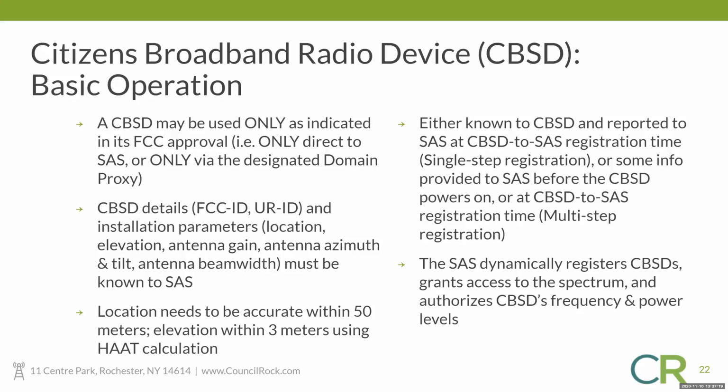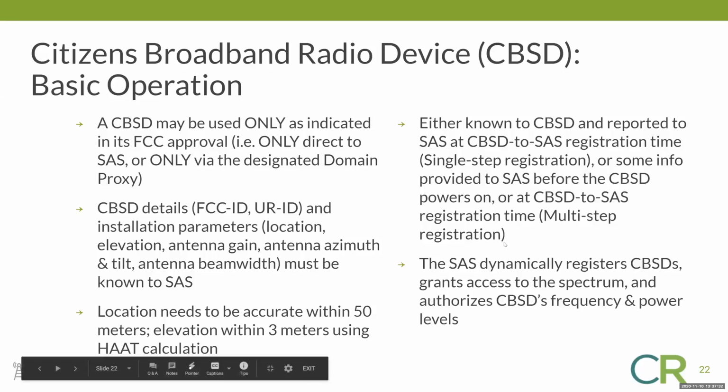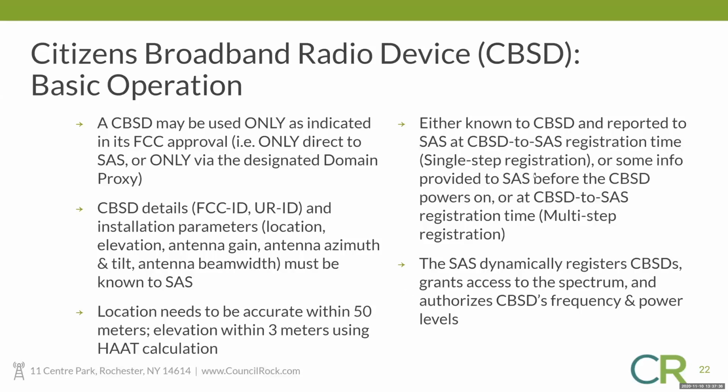CBSDs need to be known to the SAS, and they need to convey the information to the SAS. They need to convey power transmission, registration time, everything that is going to make the SAS do all the calculations to avoid any harmful interference.